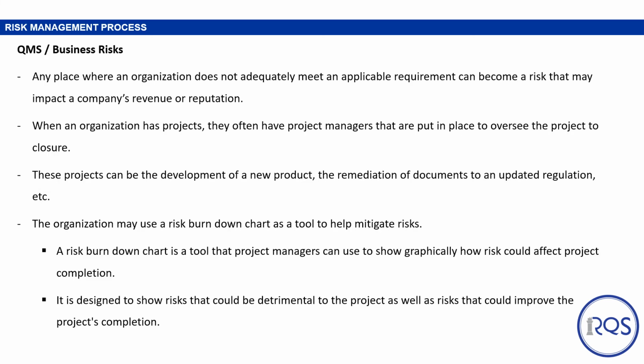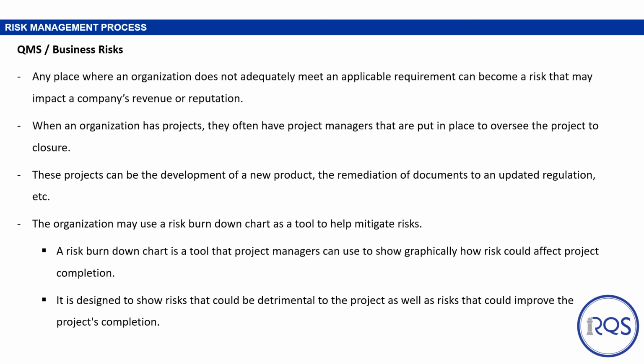Let's now briefly touch on QMS and business risks. Any place where an organization does not adequately meet an applicable requirement, whether that's an internal or external requirement, can become a risk that may impact a company's revenue and/or reputation. When an organization has projects, they often have project managers that are put into place to oversee projects to closure.